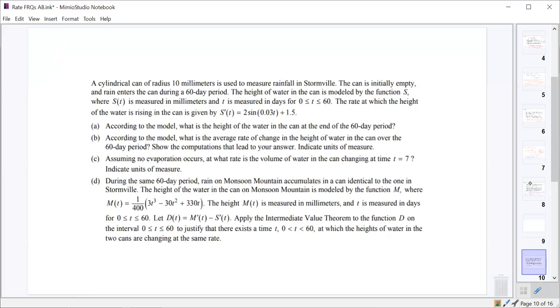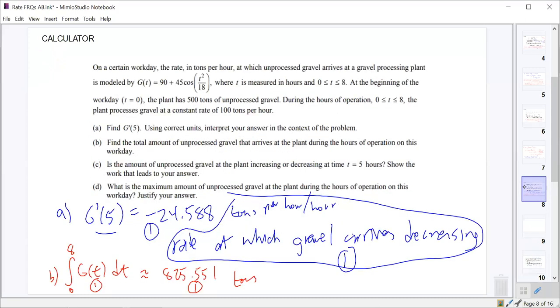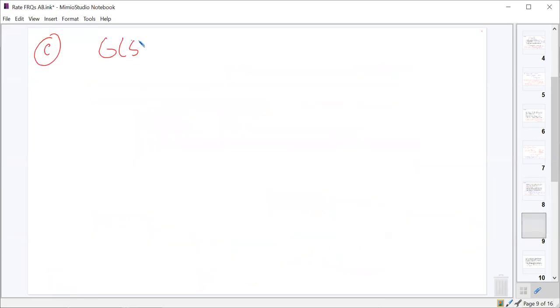Part C wants us to find out if the amount of unprocessed gravel at the plant is increasing or decreasing at t equals 5. Well, that would depend on whether the rate at which it is arriving is greater than or less than the rate at which it is being processed. So we want to know if G of 5 is greater than or less than 100. You just plug it into the equation to find G of 5.